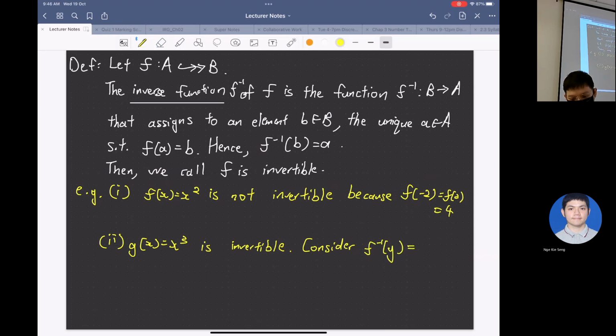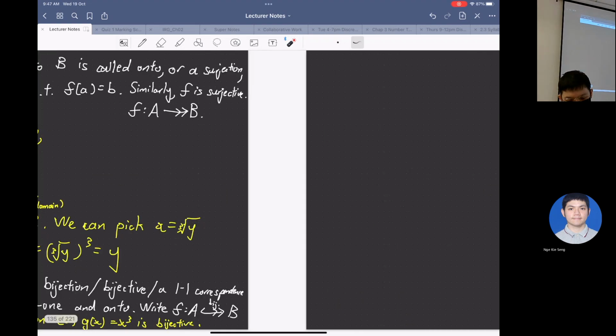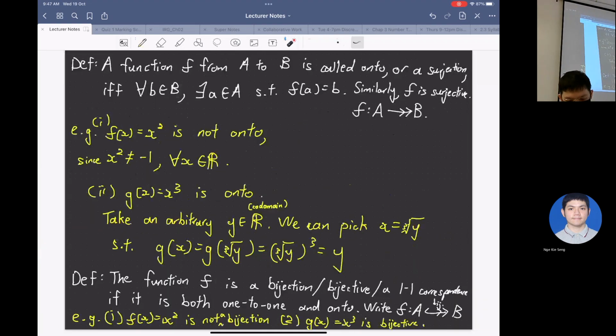You give me a y, give me the cube root of y. So this is the pre-image, right? Just now we worked out the pre-image of y, remember? So let's go back. Yeah. So we got the image and then we found the pre-image.